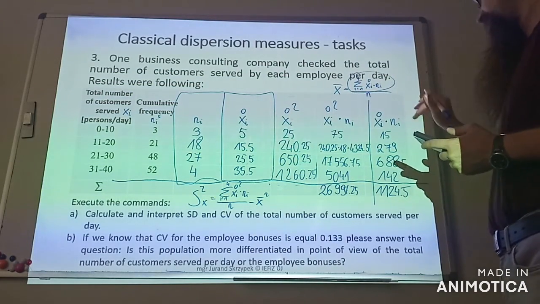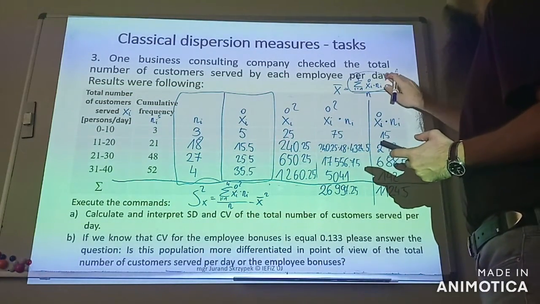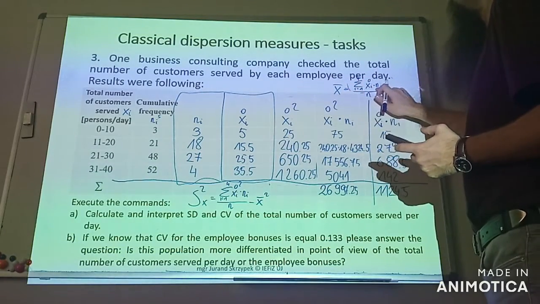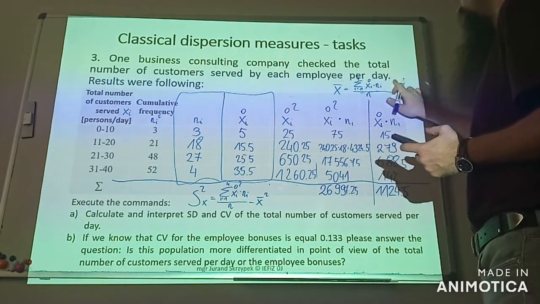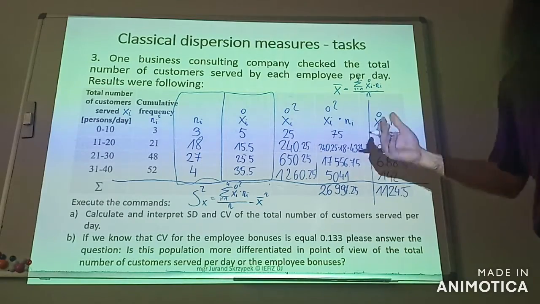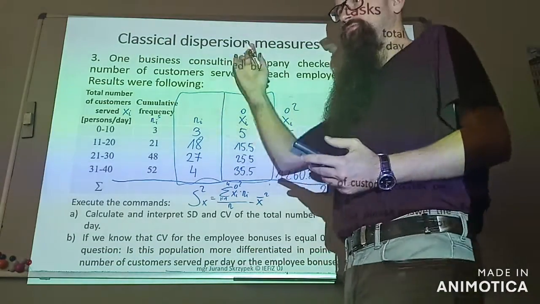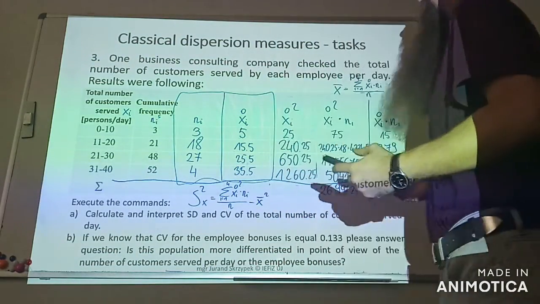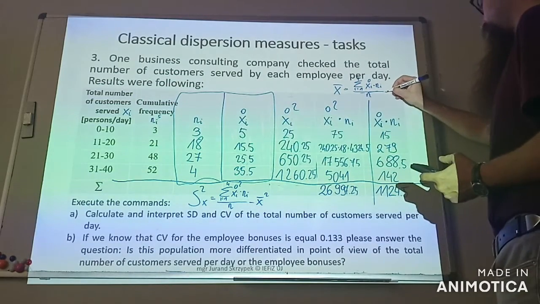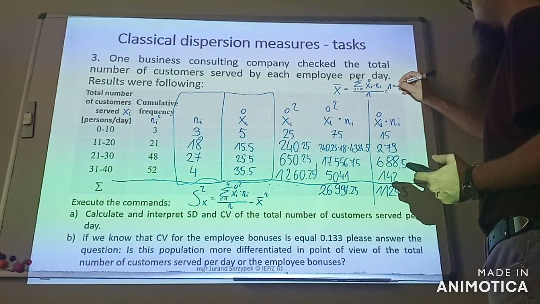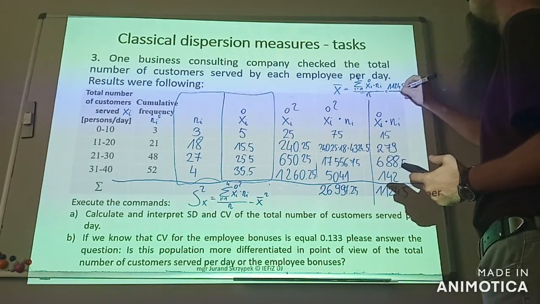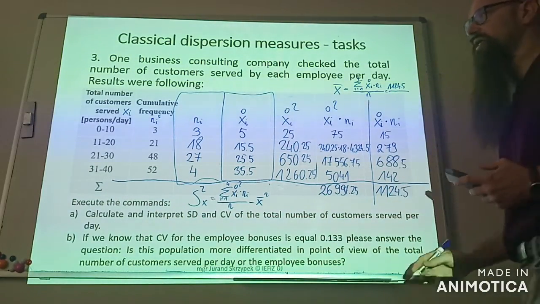So now I am able to compute the arithmetic mean of total number of customers served, the average number of total customers served by workers of one business consulting company, which is 1,124.5 divided by the population size.